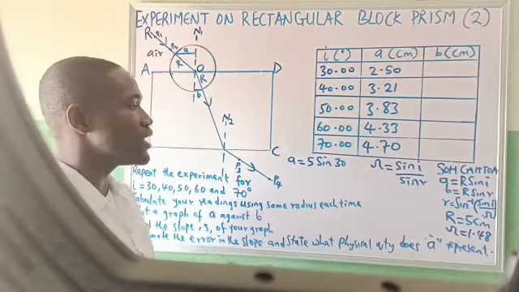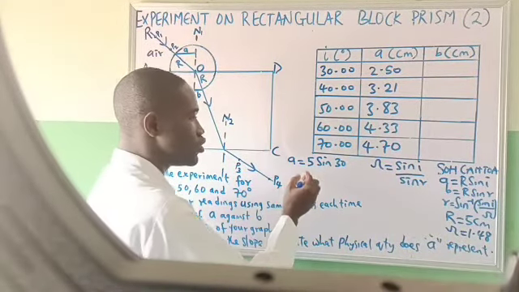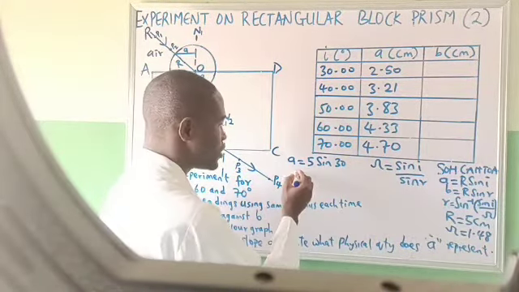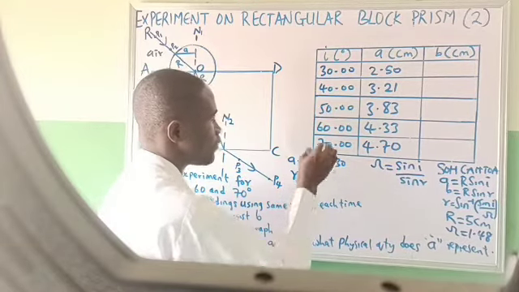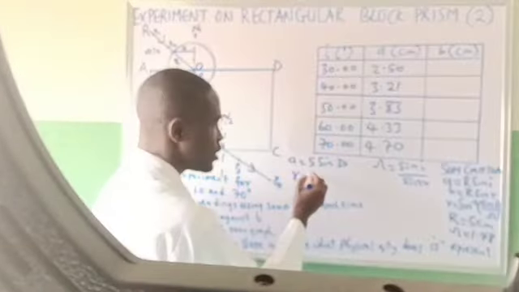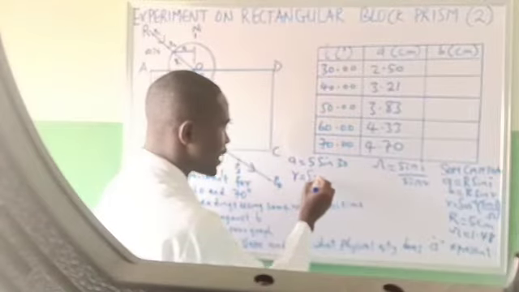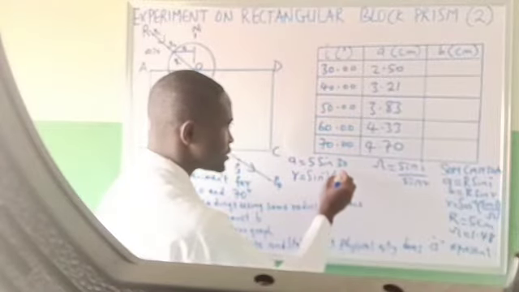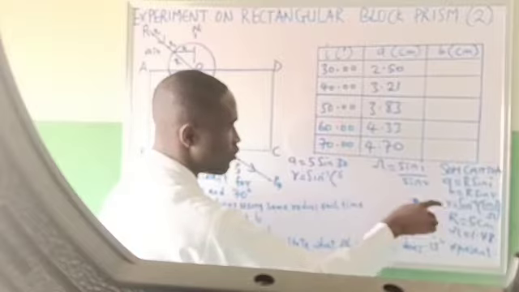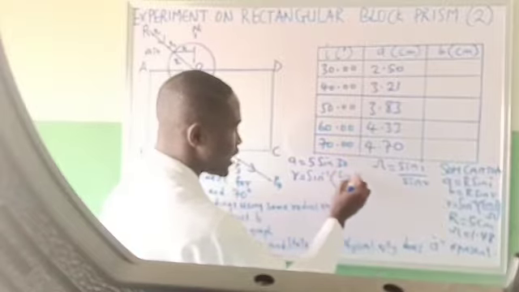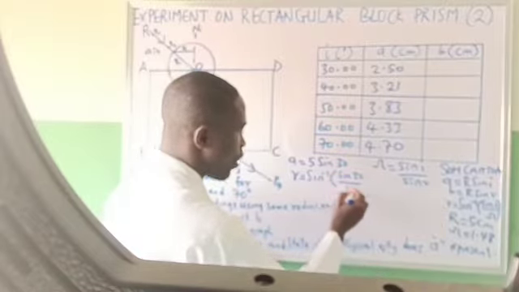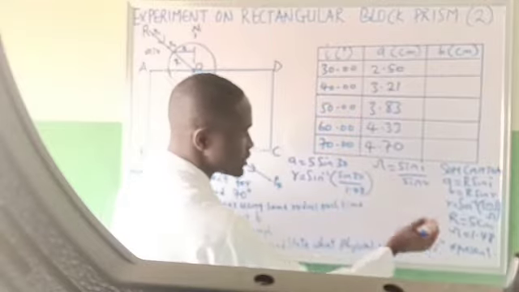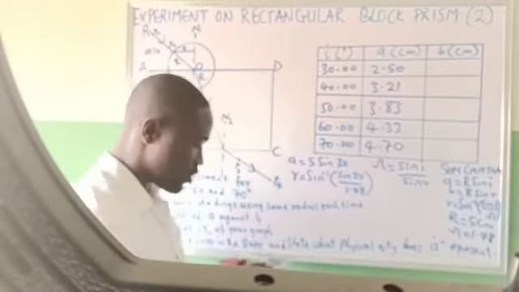Now, before you get your B, you need to know what your r is. Your r will be equal to, for the first one, r is equal to sine inverse of (sine i over 1.48), because you say let the refractive index be 1.48.